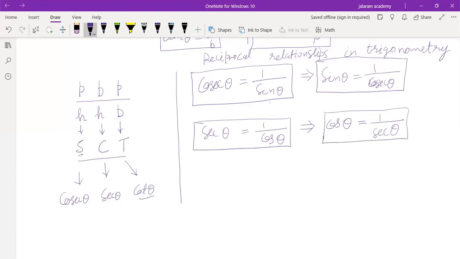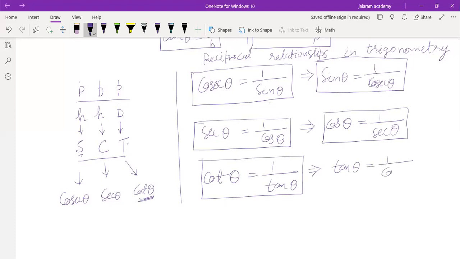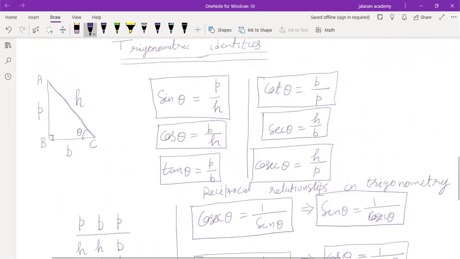Third reciprocal relationship between cot and tan. Cot theta equals 1 by tan theta, and it implies tan theta equals 1 by cot theta. So the first 6 formulas of trigonometry to prove trigonometric identities are the reciprocal relationships.